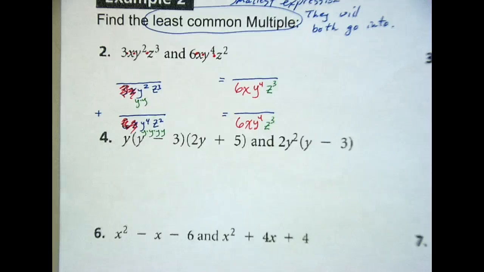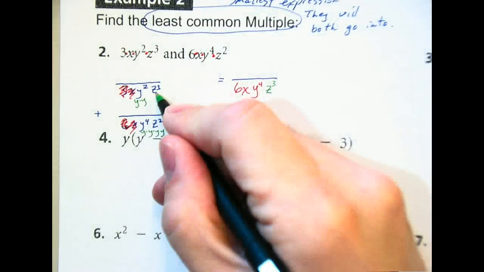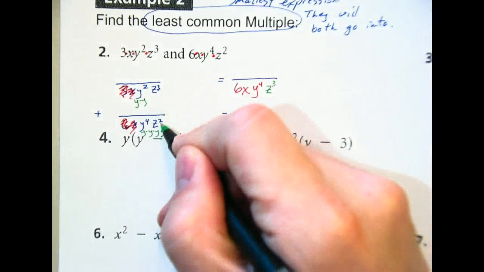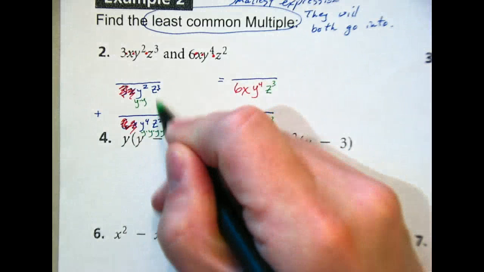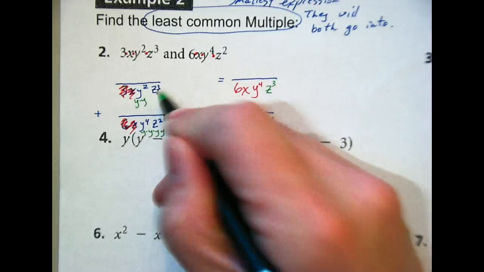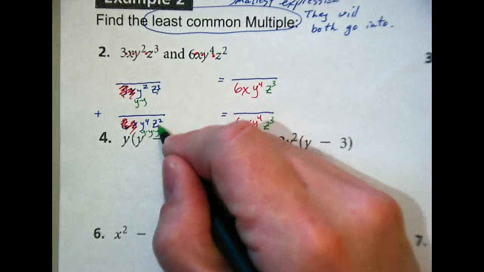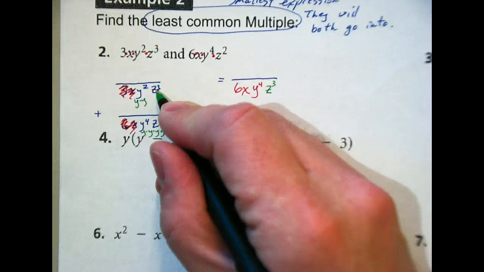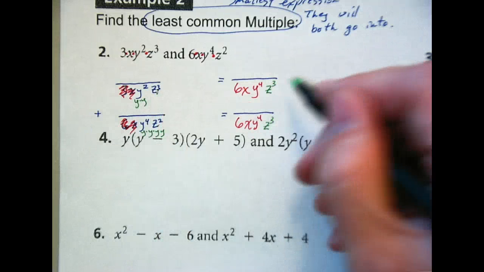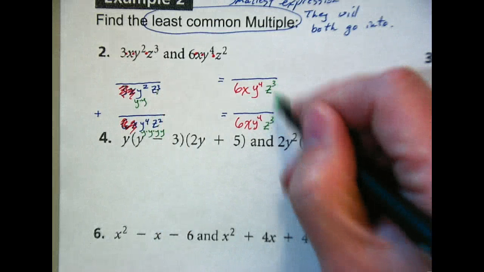Times it by y squared. So that would mean z cubed and z squared. What could I multiply this one by to make that one? Z. Since I can multiply this by something to make that one, z, that is my least common multiple.